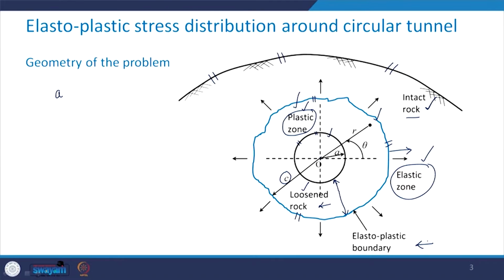As we discussed in the case of the elastic analysis, in this case also any point in the rock is denoted by r comma theta, where r is its radial distance from this center point O, and theta is an angle measured from the horizontal in the anti-clockwise direction, as shown in this figure.